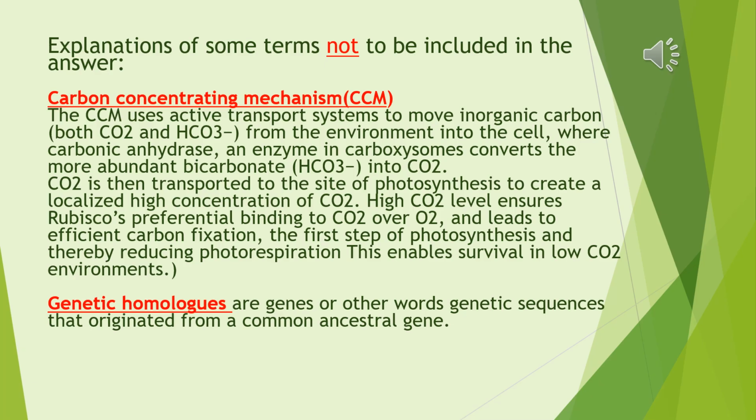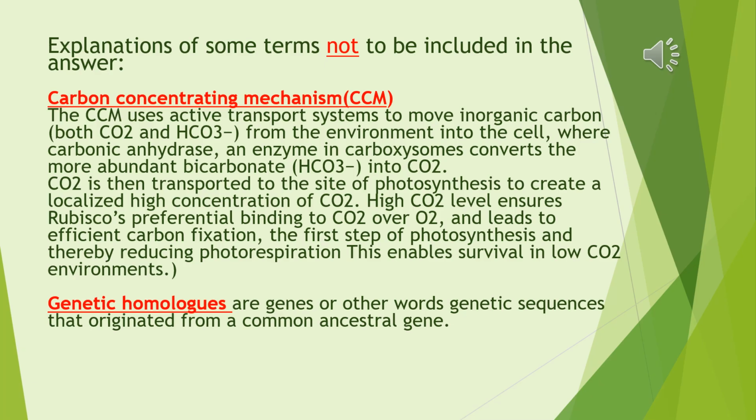Now, rubisco is an enzyme which the full form is ribulose 1,5-bisphosphate carboxylase oxygenase. That is, if it binds to carbon dioxide and converts ribulose 1,5-bisphosphate to glucose, then it is doing the carboxylation function. But if it binds to oxygen, that is the oxygenation function.